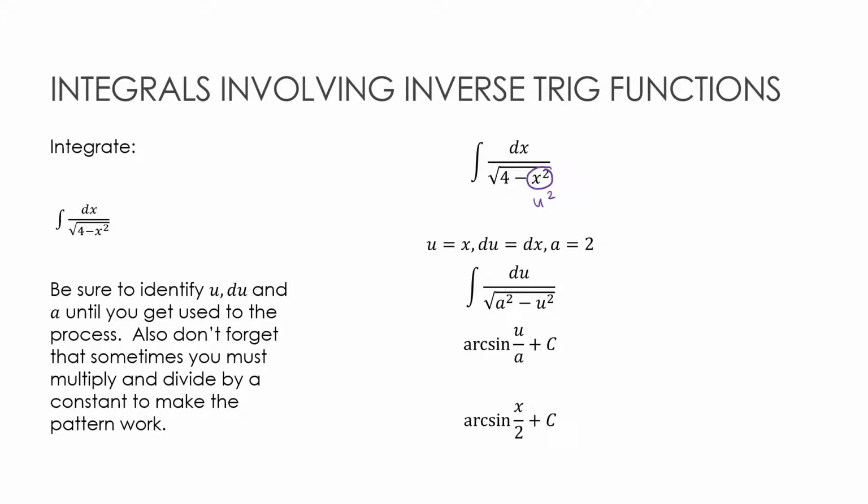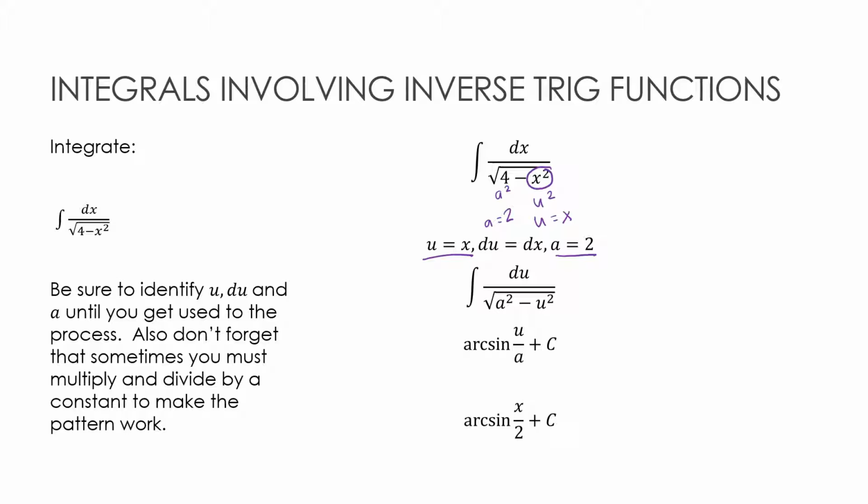So if x squared is u squared, then u must be just x. The number, the one that doesn't have a variable with it, is always an a. So 4 is a squared, so a must be 2.